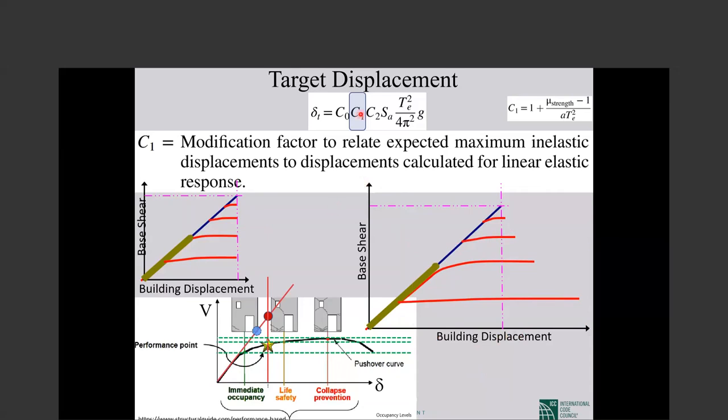So this coefficient sometimes is 1, sometimes is more than 1, and this formula takes care of that. The strength is important for the short period buildings. Also there is the effect of soil in this alpha, but the formula is not important for us.